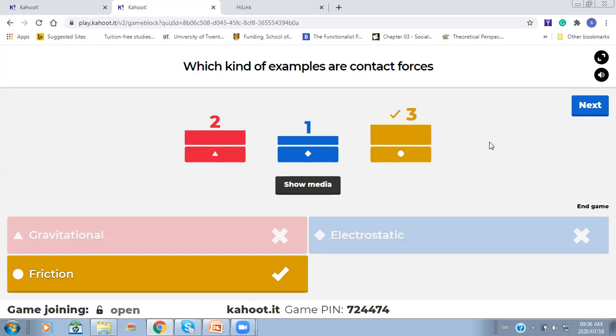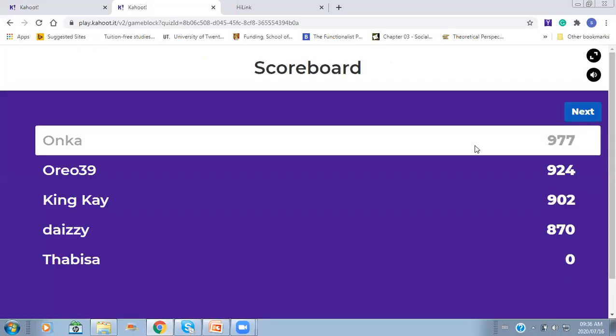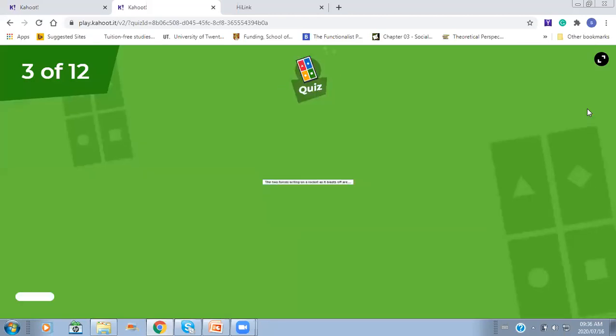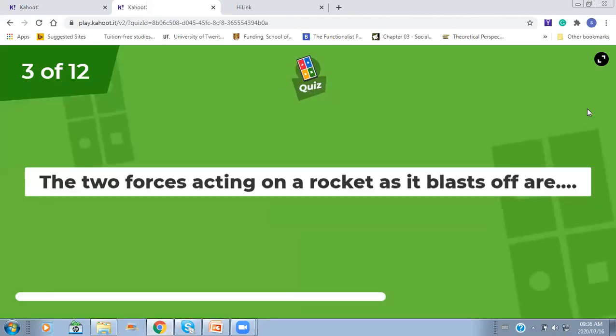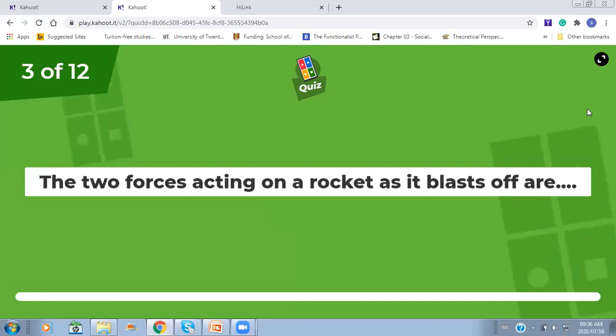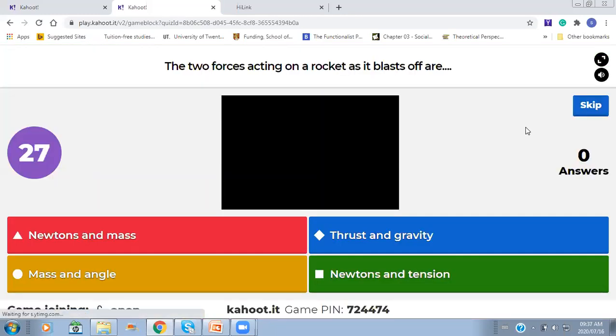Three people got this one right. Oreo was the first person, followed by Kincaid and then Daisy. Some of you didn't answer this time around, or you got it wrong. Let's go. The two forces acting on a rocket as it blasts off. Let's go on.